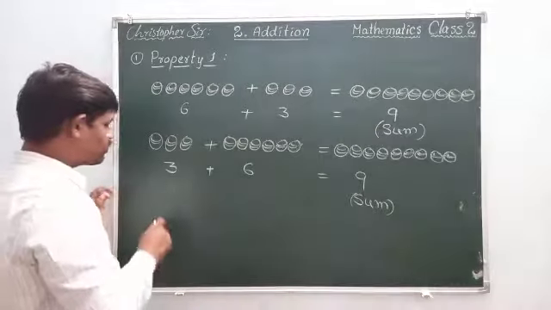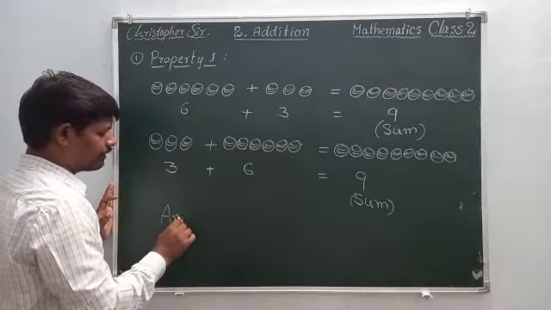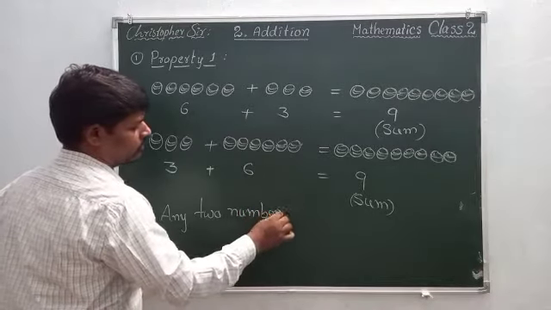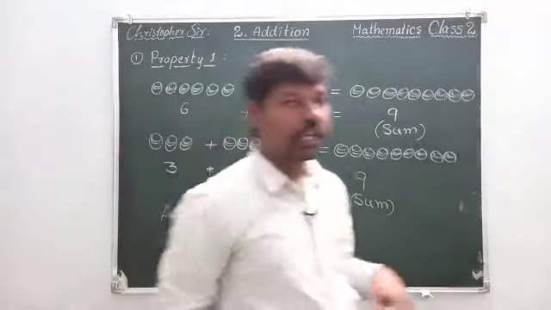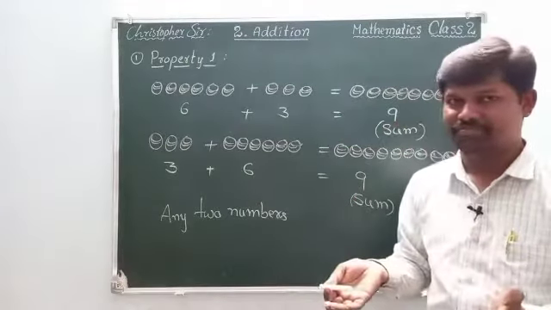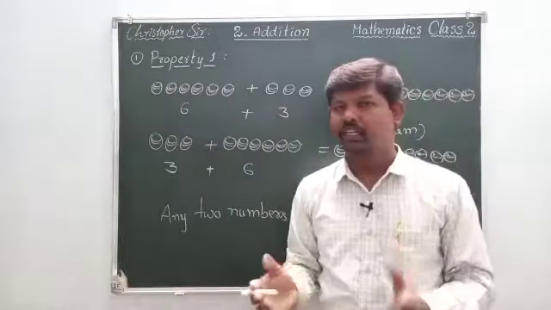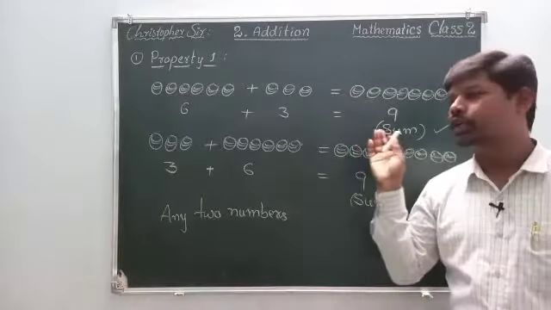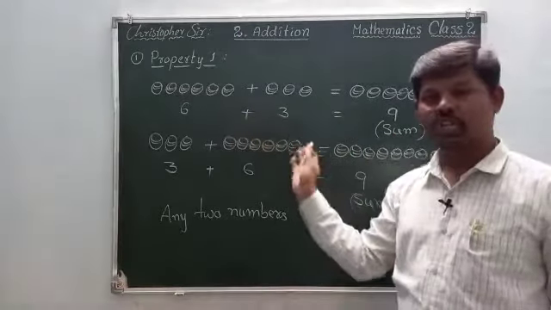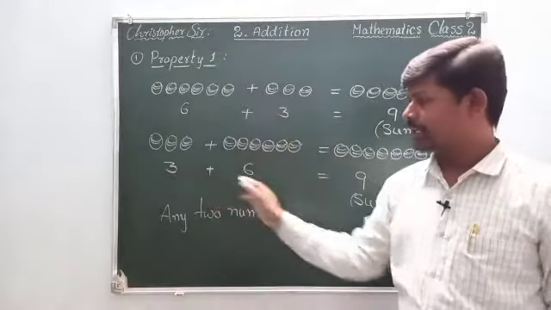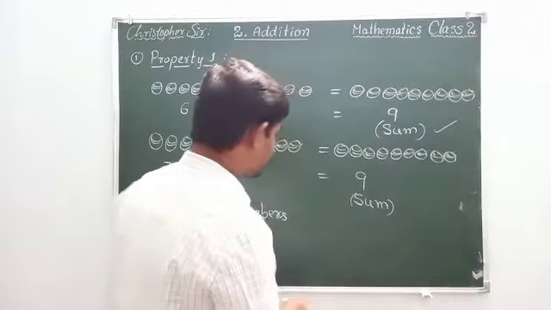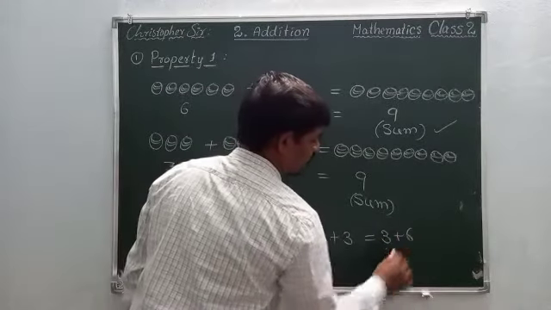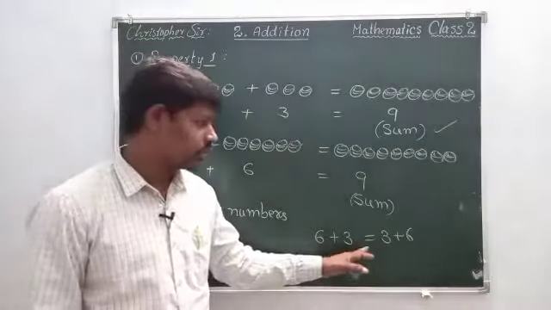That means if you take any two numbers and add them in any order, you will get the same result, the same sum. So 6 plus 3 is equal to 3 plus 6.